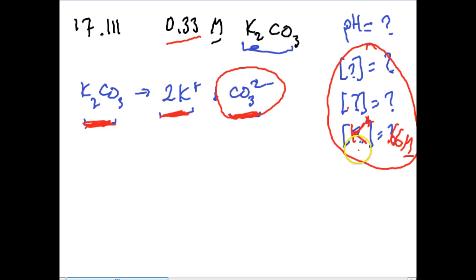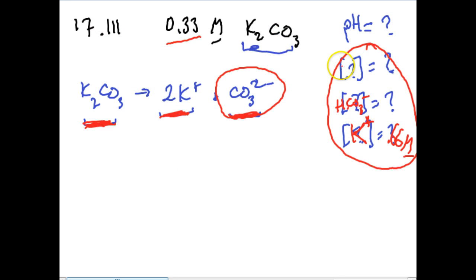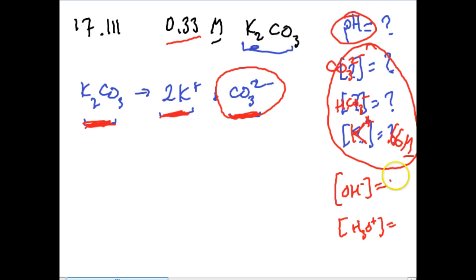We already have one, K+, and now we have another one, HCO3 minus. And we also have CO3 2 minus over here. And of course, we'll have OH minus, and we'll have H3O plus, just because there will be a pH. You know, when there's a pH, there's going to be OH minus, there's going to be H3O plus.